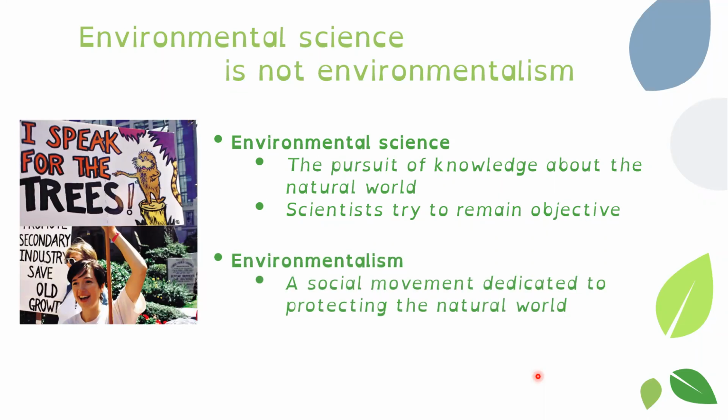Environmentalism is focusing on actively changing and protecting the environment and the world around us. Whereas environmental science is learning about the world around us and trying to gauge and collect information about the choices that we need to make and the shifts that we might need to happen.